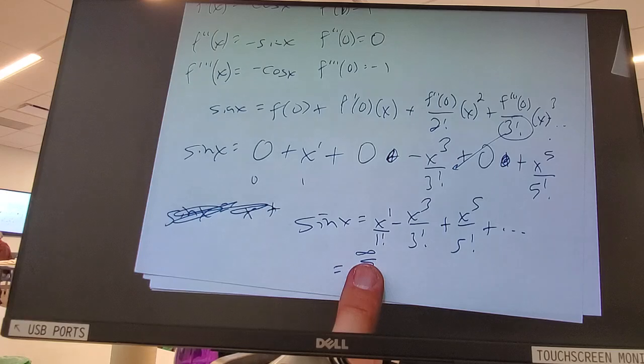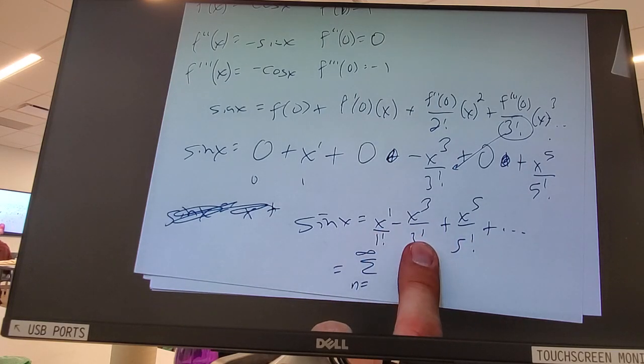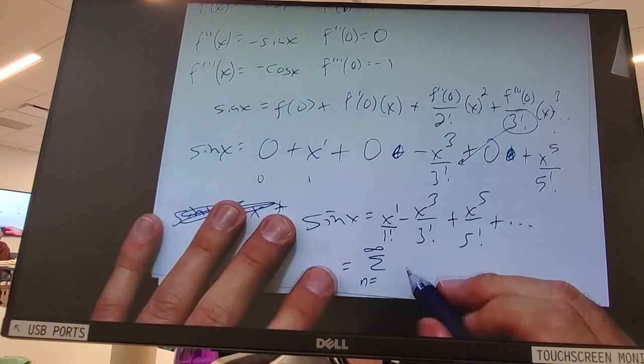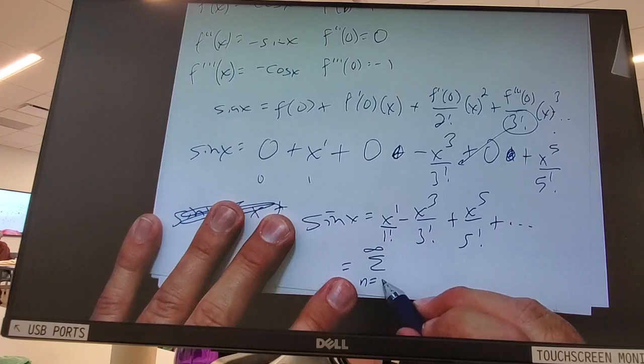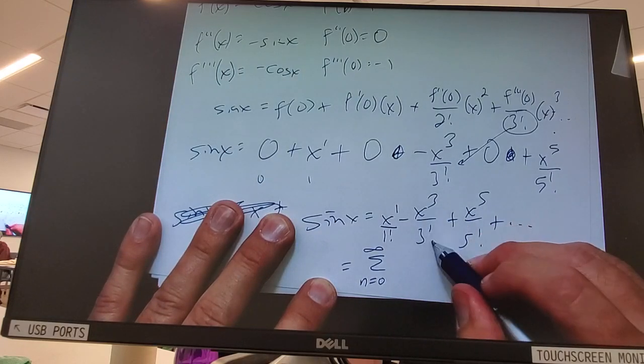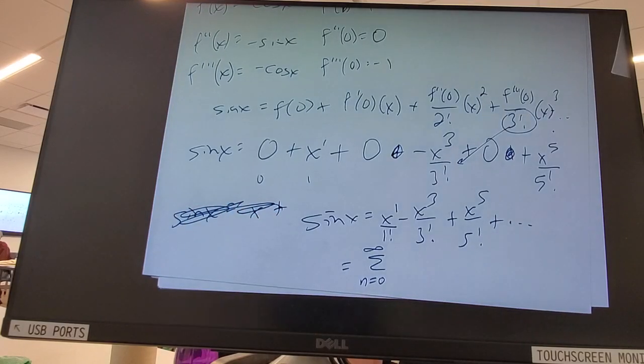But if I want this to be the first term, the second term, the third term, let me do it better. When n is 0, I get 1. When n is 1, I get 3. When n is 2, I get 5. Can you guys see 1, 3, 5? Aren't they 1 away from double something?